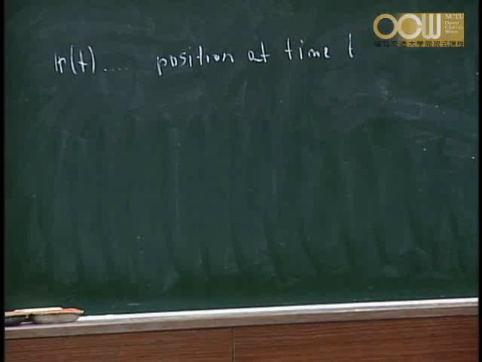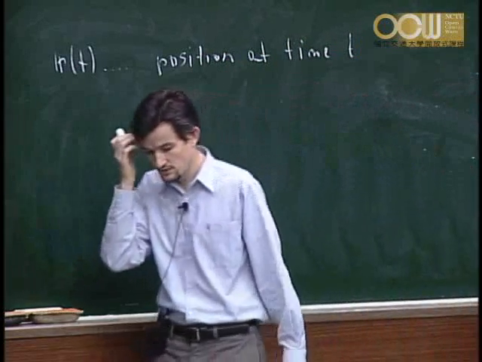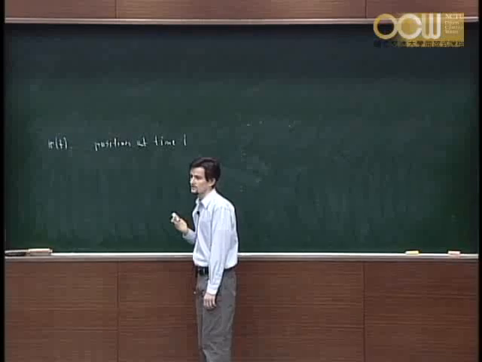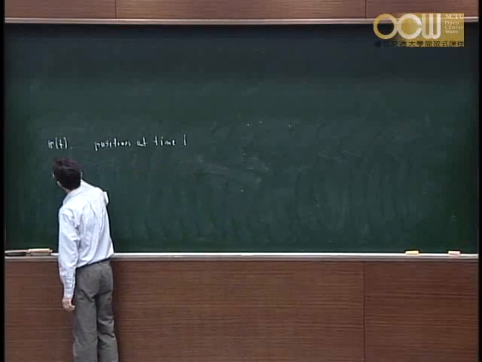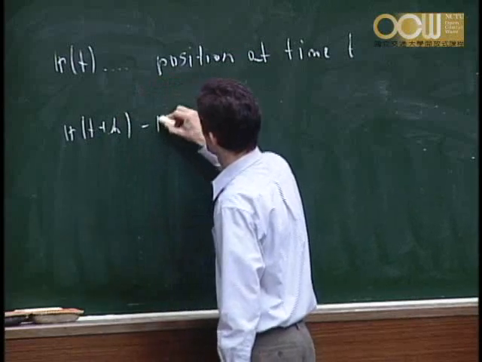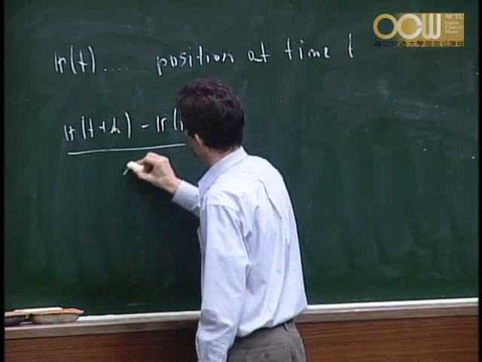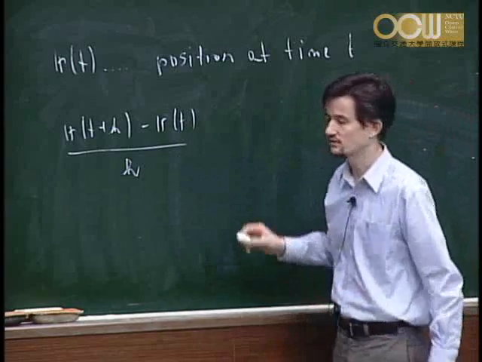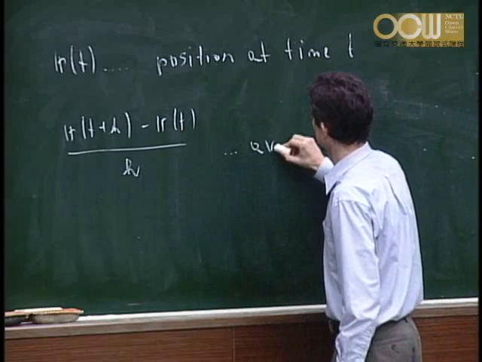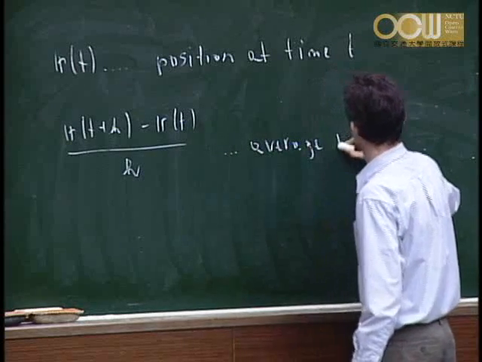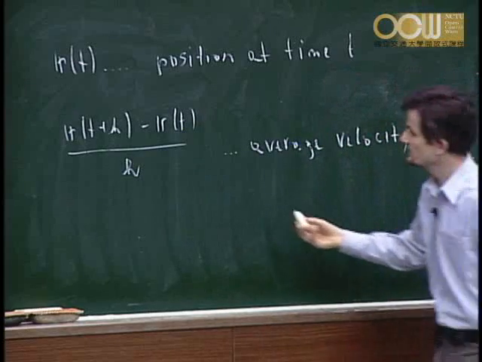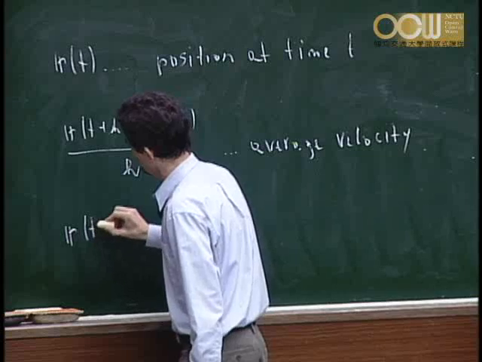Now, if you want to understand the velocity from a physical point of view, you will compute this here. This will describe roughly the average velocity, but it is also a vector. If you take the limit, then you will get the velocity.